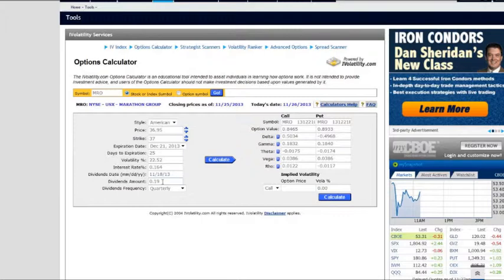Now, if a whole bunch of people want to be in through ex-dividend and then look to sell the stock afterward, that selling pressure could affect the calls or the puts. Most dividend amounts are so small that you just can't really tell with the option price.